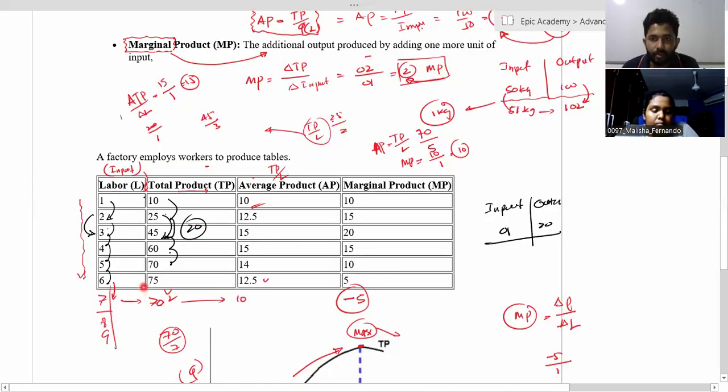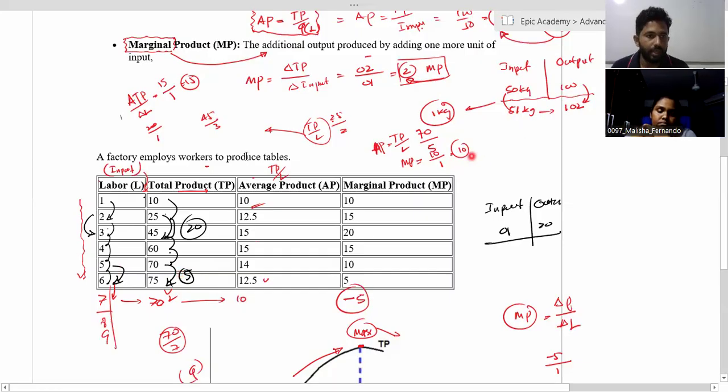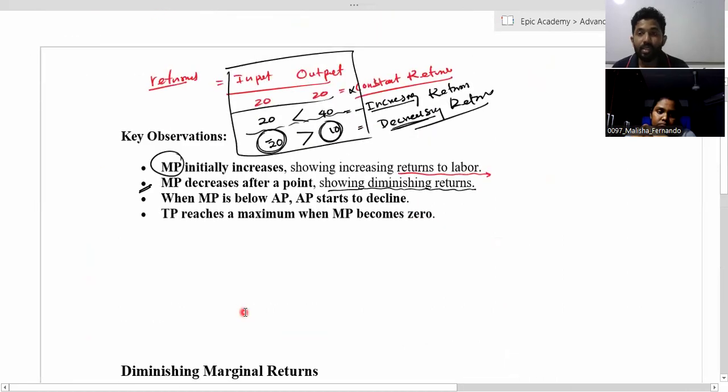Isn't it? Yes. But in here, 5 to 6, the same increasement of input. What happened to the output increasement? It is just 5. That means return is going to be reduced. That is why after a certain time period, it shows the diminishing return or decreasing returns.